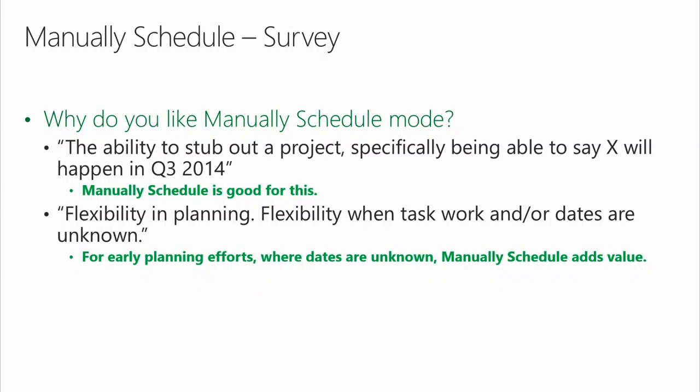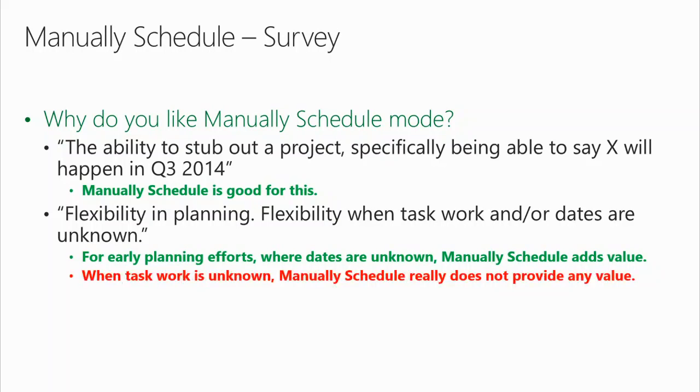For early planning efforts where dates are unknown, manually scheduled does add value. But when task work is unknown, manually scheduled doesn't provide any value. Manually scheduled has nothing to do with work. When you start assigning resources and work values, it constrains you. It takes over work in many examples.